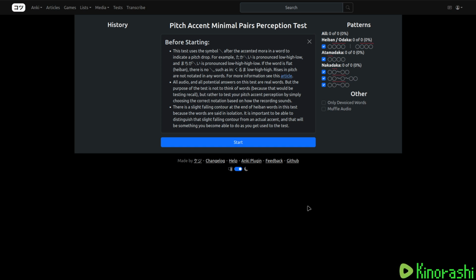If the word is flat, heiban, there is no mark, such as kuruma: low, high, high. Rises in pitch are not noted in any words.